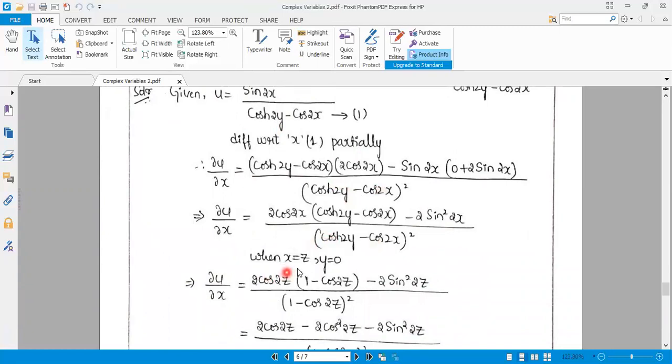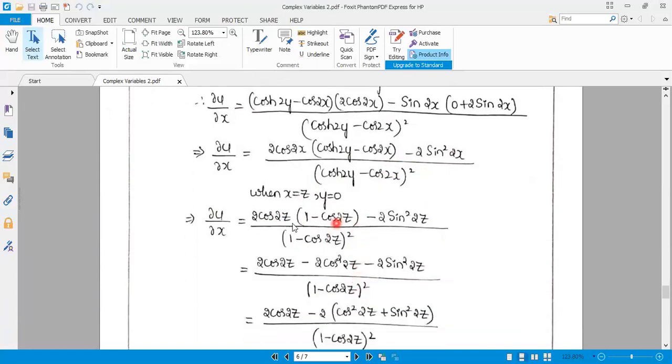Now when you put x equals z and y equals 0, this result will become 2 cos 2z into cos hyperbolic 0, which is 1, minus cos 2z, minus 2 sine square 2z, divided by cos hyperbolic 0, again 1, minus cos 2z the whole square.